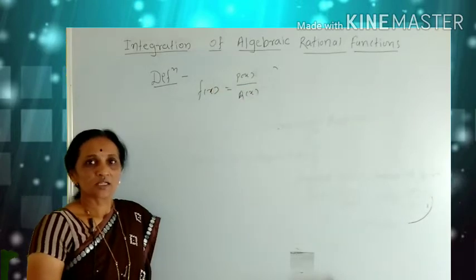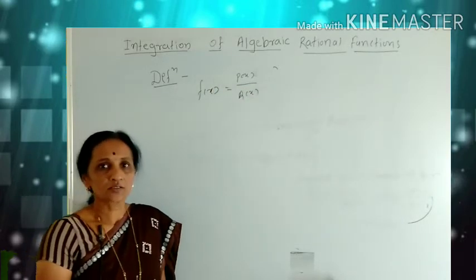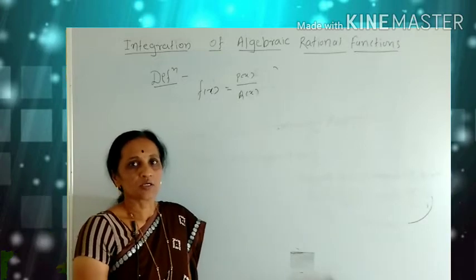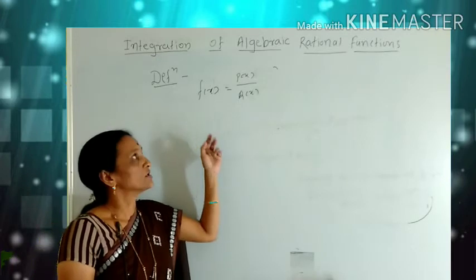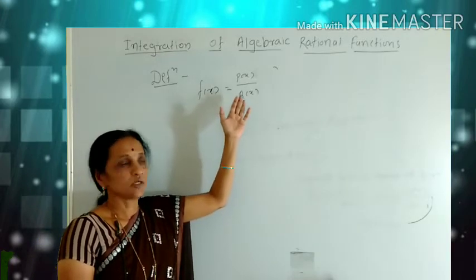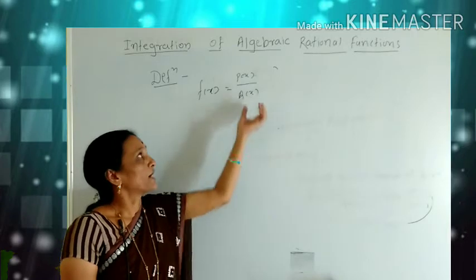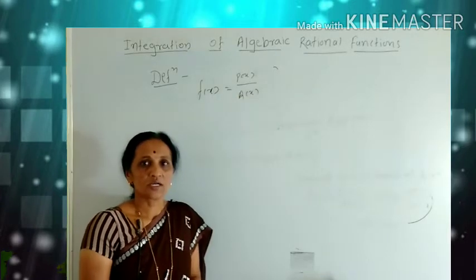So, there are many types of factors in a rational function, and here we discuss the cases or types of factors present in your rational function.